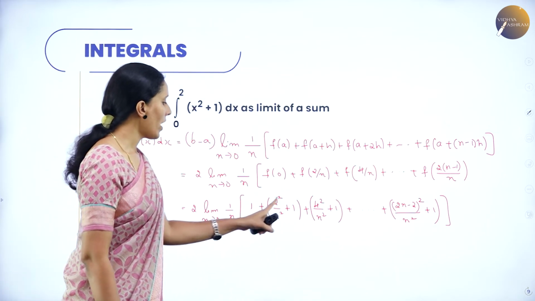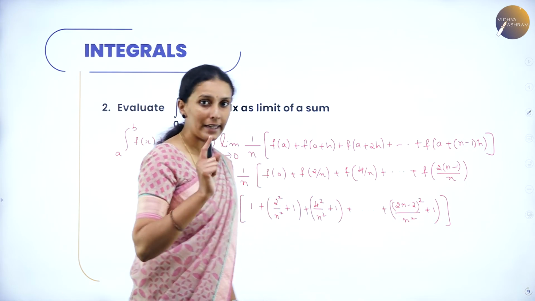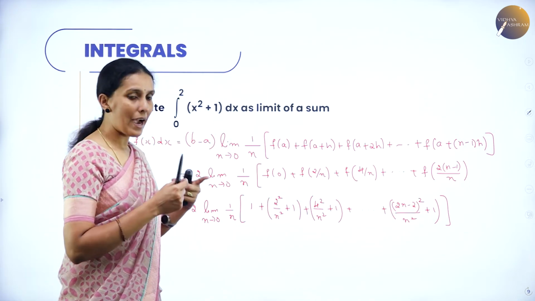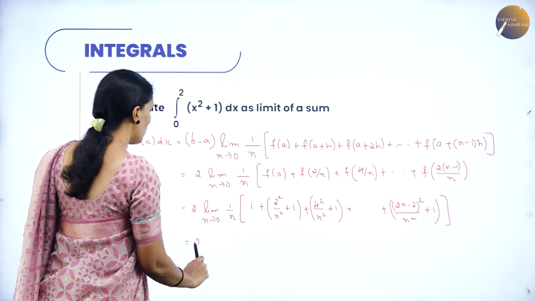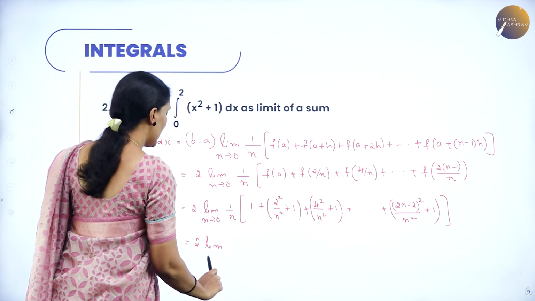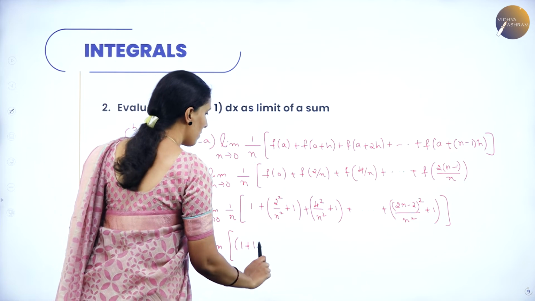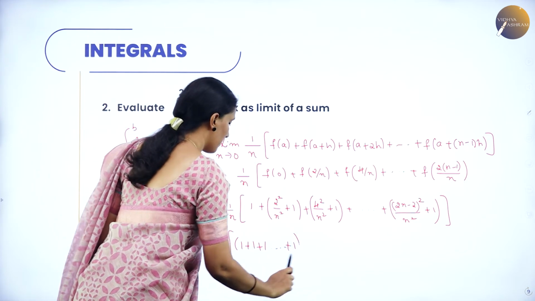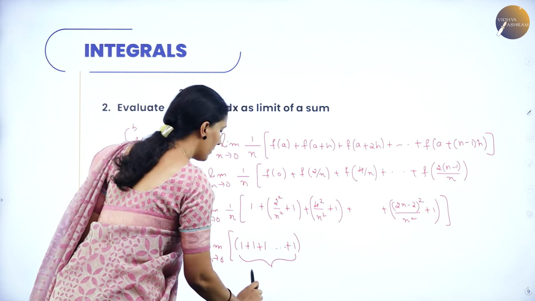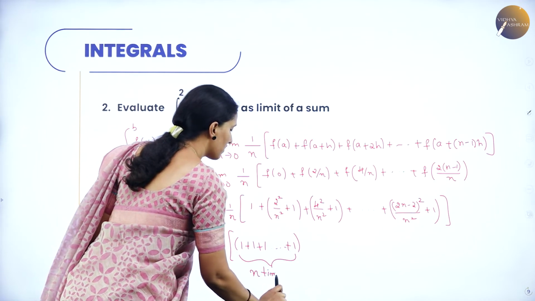Now here 1 is repeated n times. So if you add 1, we get 2 into limit as n tends to 0. Here we can take 1 plus 1 plus 1 plus 1. How many times do we have? We have n times.